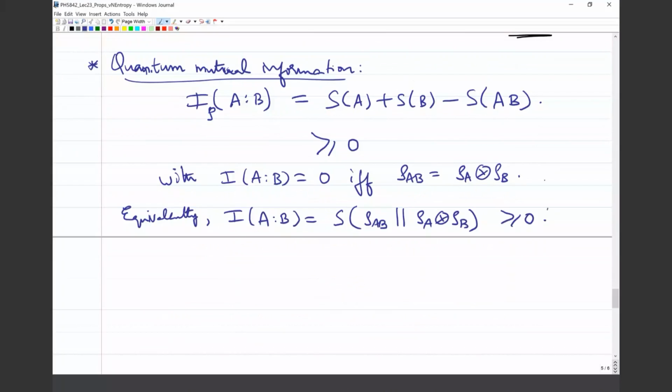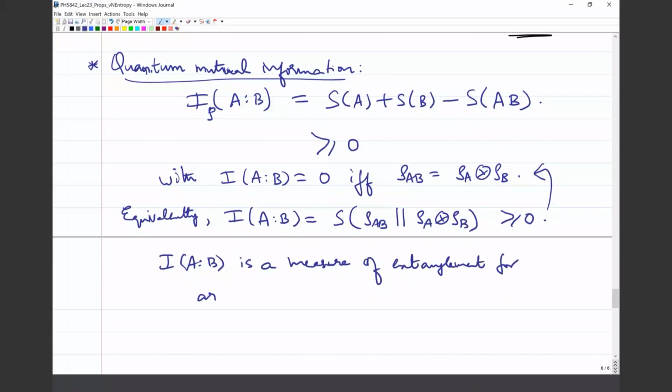So this is a measure again of entanglement for arbitrary bipartite quantum states. By arbitrary, I mean that it need not be a pure state.